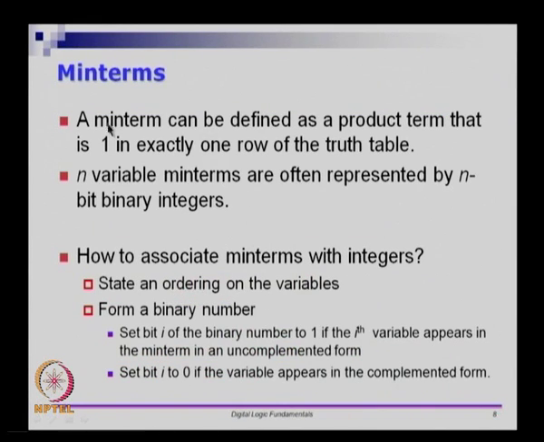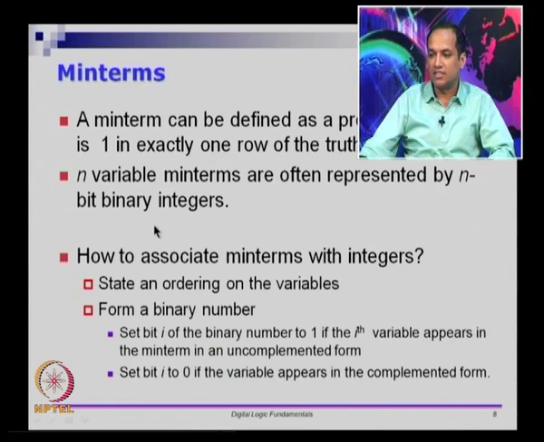So, let us start with the Minterm again. A Minterm can be defined as a product term that is 1 in exactly one row of the truth table. Now we will take it to truth tables, and usually you represent an n variable Minterm using n bit binary integers. Let us see how to get a Minterm with an integer expression.